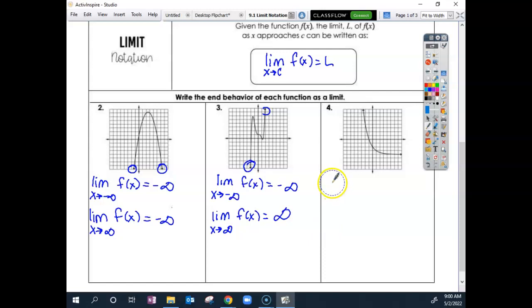Okay? And in the last one, the limit as x goes to negative infinity. As x goes to negative infinity, what's happening to the y value? It's getting bigger, so it's going to infinity.